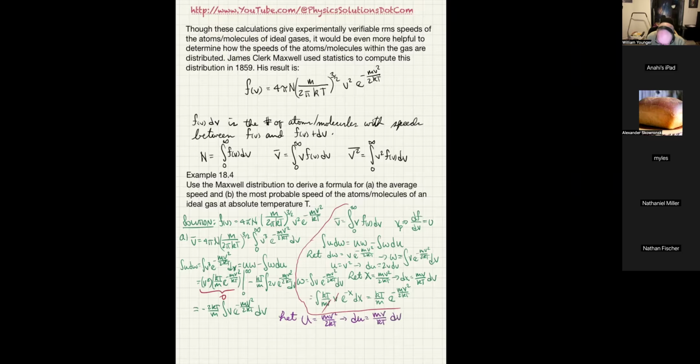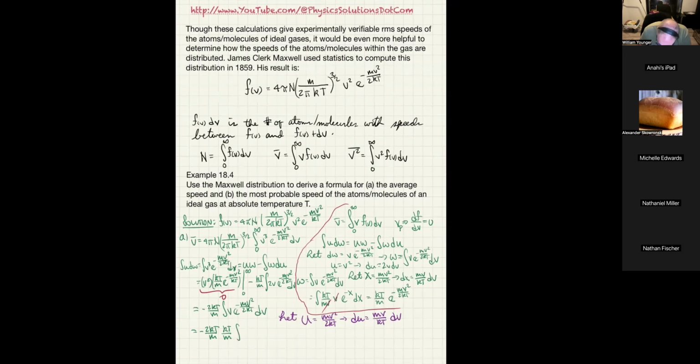So now I can replace the dv with kt over mv. So when I do that, I'm going to get negative 2kt over m, that was already there. Now I'm going to get kt over mv. Oh, excuse me, that v is going to cancel out with the v inside the square root.